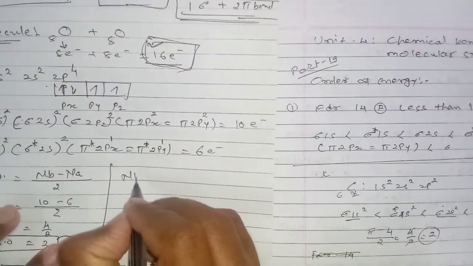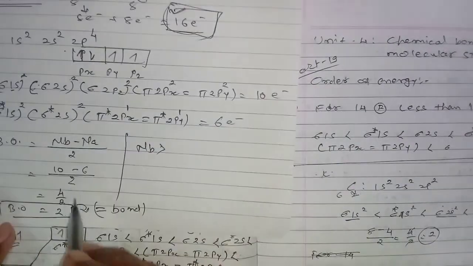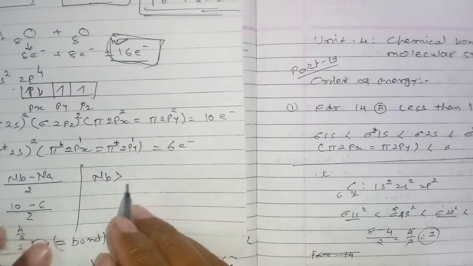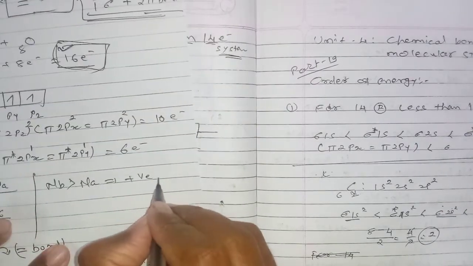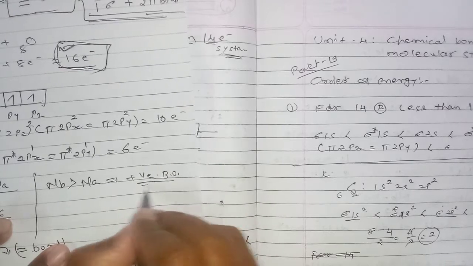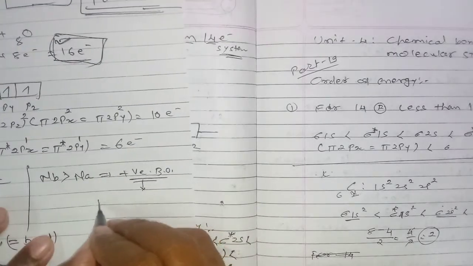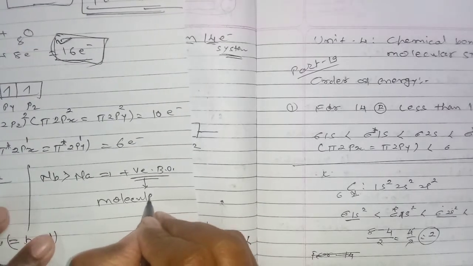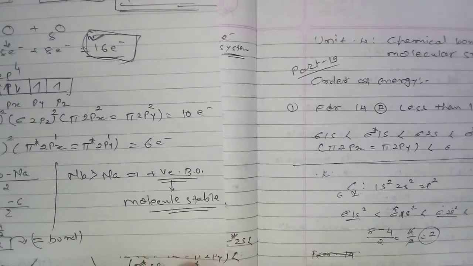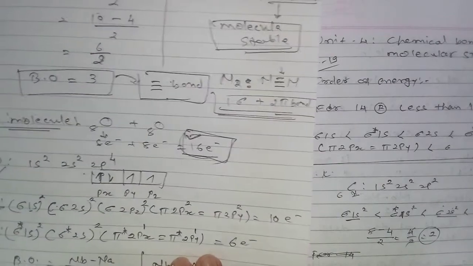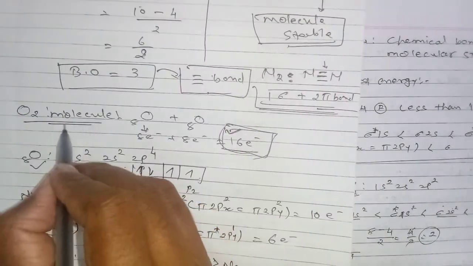Now Nb is greater than Na, so the bond order is positive, and this molecule is stable.